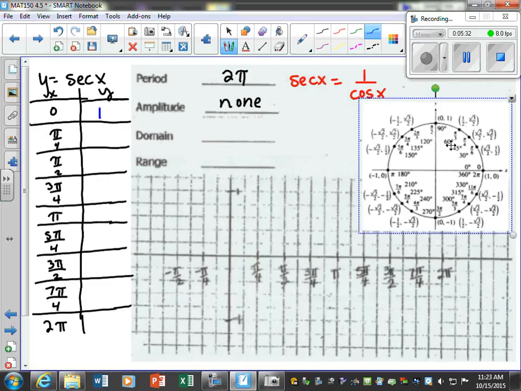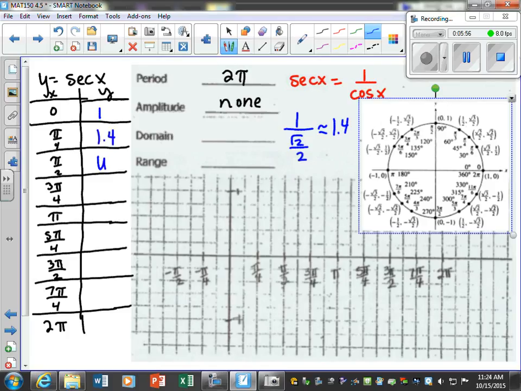Let's do secant of pi 4. So we go to pi 4s. 1 over the x value is 1 over the square root of 2 over 2. Like we said, we would simplify that in the calculator and use the decimal approximation for graphing purposes. Alright, what about at pi halves? What's 1 over the x value here?